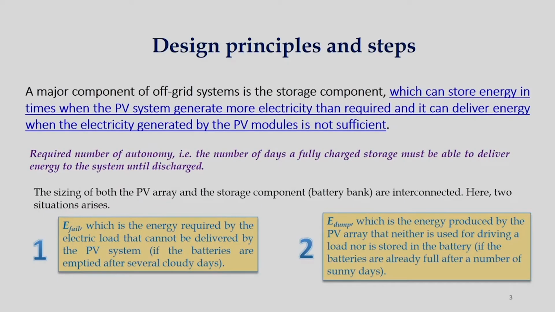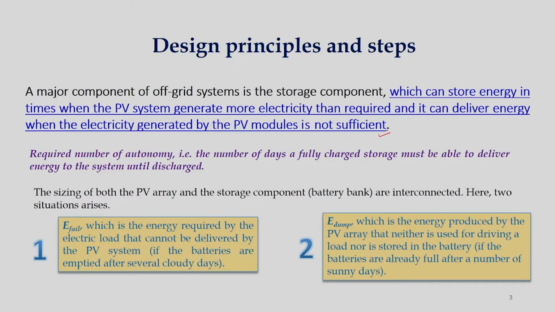This storage system is something like a battery in the case of an off-grid or standalone system, which can store energy in times when the PV system generates more electricity than required, and it can deliver energy when the electricity generated by the PV modules is not sufficient.